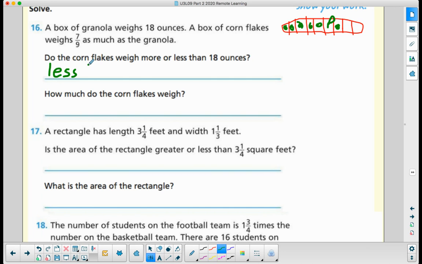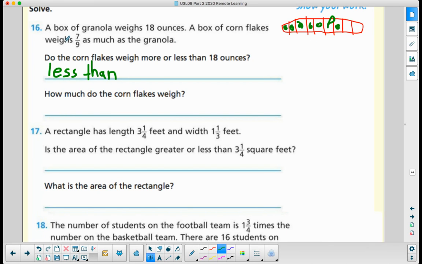So that's showing it in a diagram. Now, when I have big numbers, complex problems, I'm probably not going to draw a diagram. How much do cornflakes weigh?